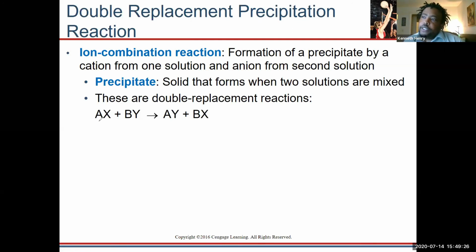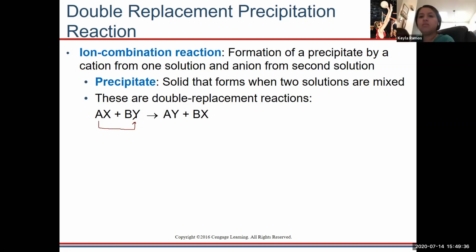So you want to look to see whether the new partners are going to form a precipitate. Is A and X going to be a precipitate, or is B and X? The way that we do that is by looking on our table.